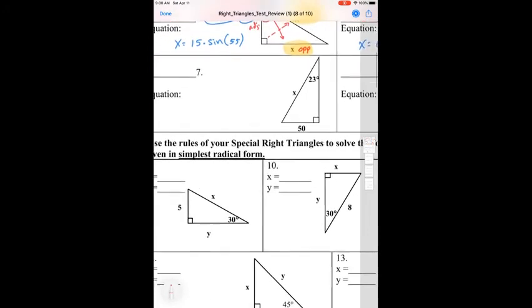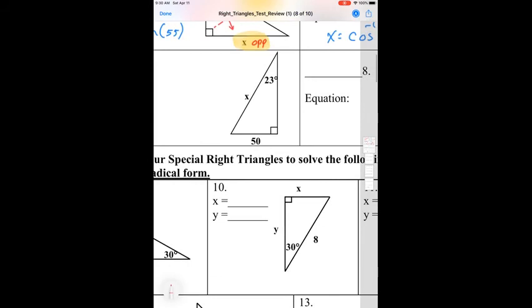For question number 7, same thing. First thing is identify or label your triangle. I have an angle of reference, so across from my angle of reference is my opposite side. Across 90 is my hypotenuse, and next to it is my adjacent.